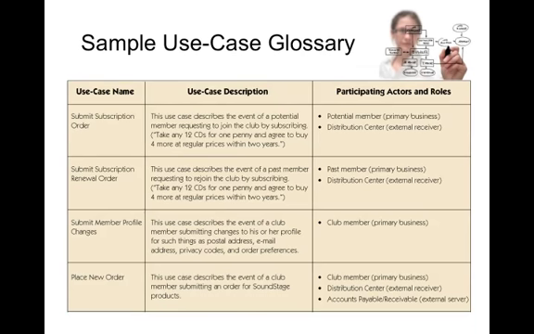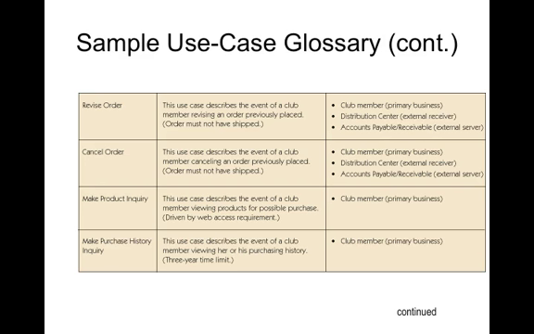So here's a sample, and it's a good way to start thinking about your use cases: just start listing them. A use case name, such as submit subscription order, with a very brief description. Submit subscription renewal order, submit member profile change, place a new order, revise an order, cancel an order, make product inquiry, make a purchase history inquiry.